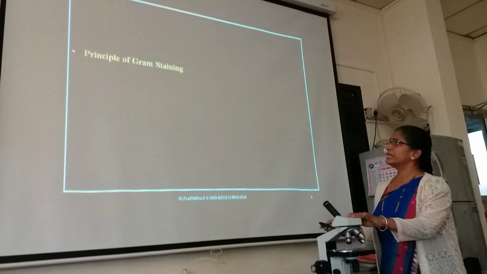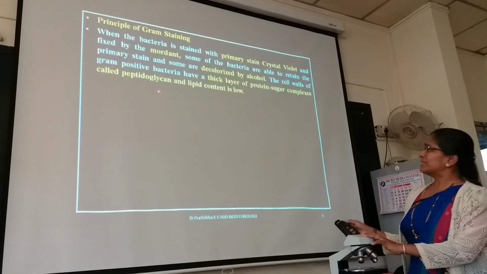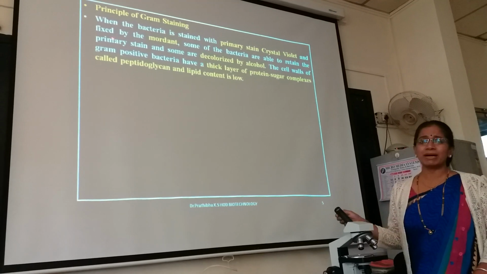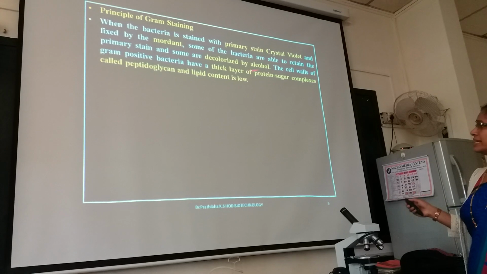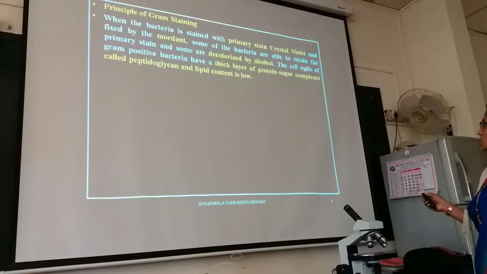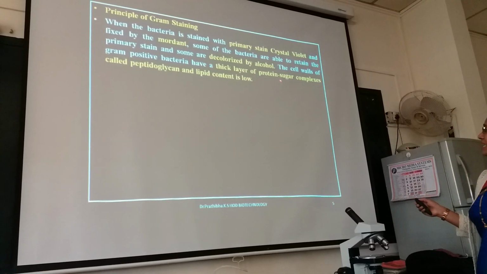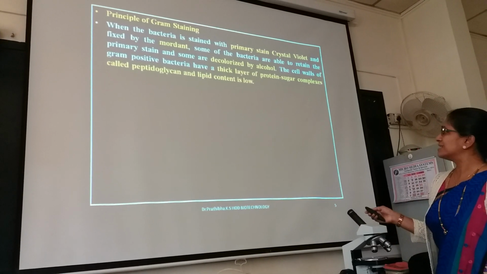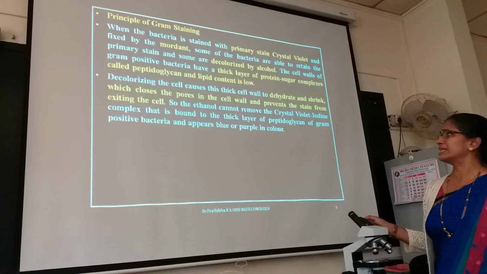Now let us go through the principle behind this Gram staining technique. When the bacteria are stained with the primary stain crystal violet and fixed by the mordant, that is Gram's iodine, some of the bacteria are able to retain the primary stain and some are decolorized by alcohol. The cell walls of gram-positive bacteria have a thick layer of protein-sugar complexes called the peptidoglycan layer, and the lipid content is very low or sometimes absent.